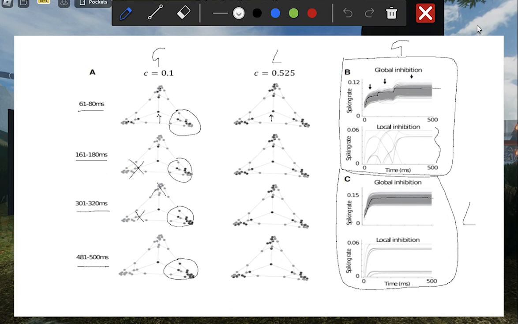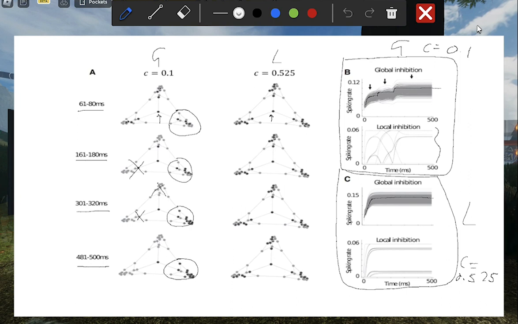I'm not following these graphs. So you've got global and local in B and C respectively, and then within those you've got global and local. So what is... sorry. I just mean in terms of the value of C in the top panel, C equals 0.1 and C equals 0.525. Sorry, that was confusing.